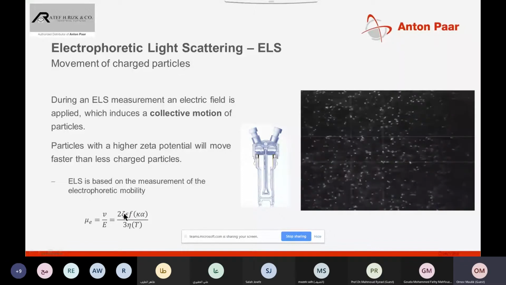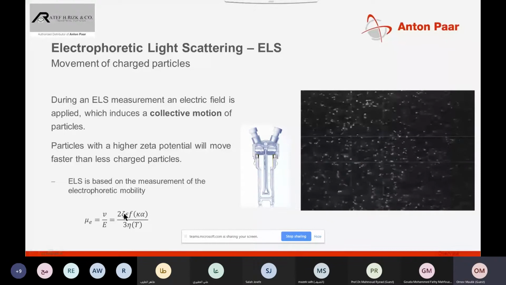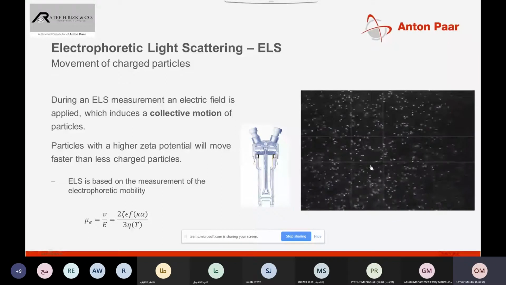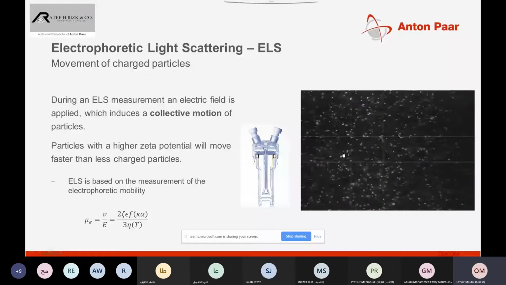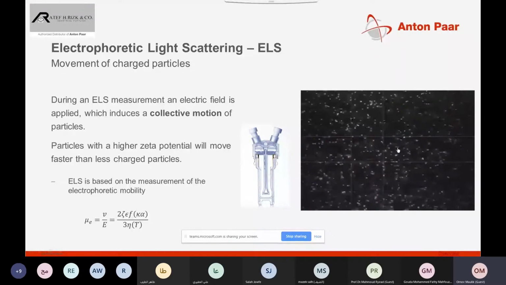So what we are basically measuring over here is an electrophoretic mobility. And you can see in this video also, depending upon the electric field, some particles are moving towards an opposite charge, and very few of them are moving on the other side. So depending upon electric field, your particles will have a movement.